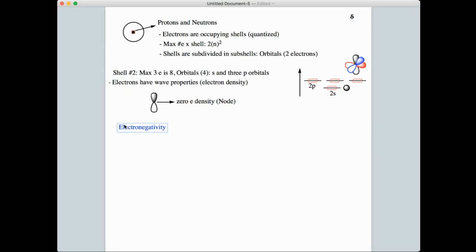So if we think about electronegativity and we think about a period in the periodic table from left to right, what happens with electronegativity from left to right?